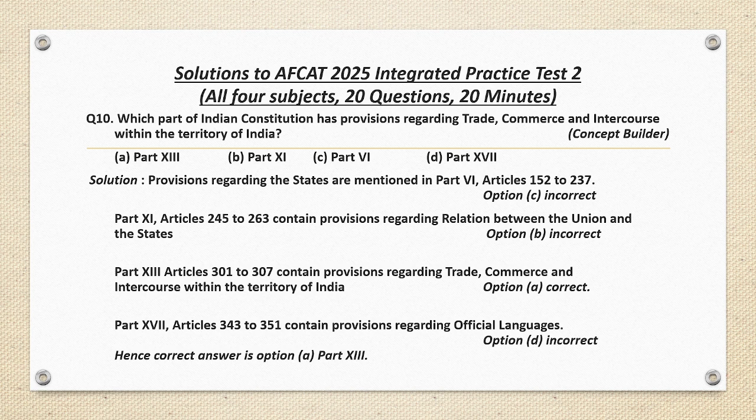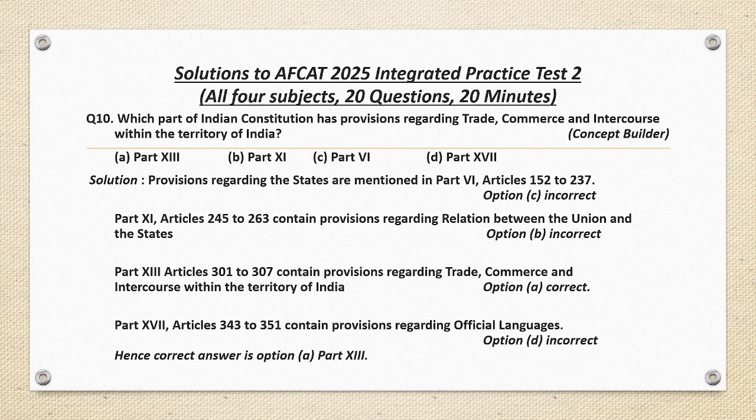Next, option B. Part 11 contains provisions regarding relations between union and states, administrative relations and legislative relations, articles 245 to 263. Then part 13 contains provisions regarding trade, commerce, and intercourse.